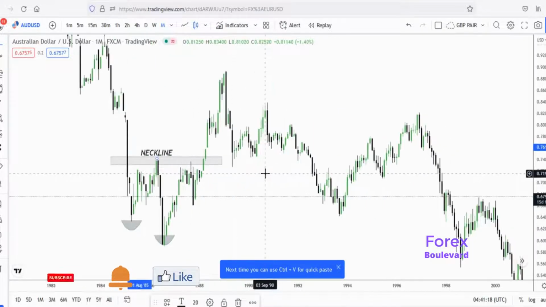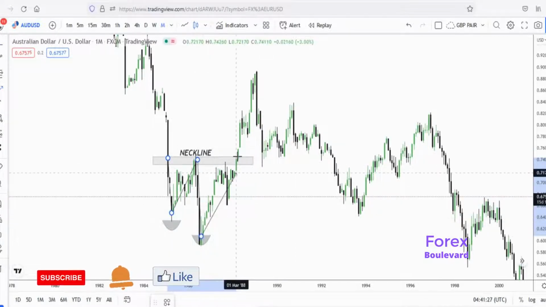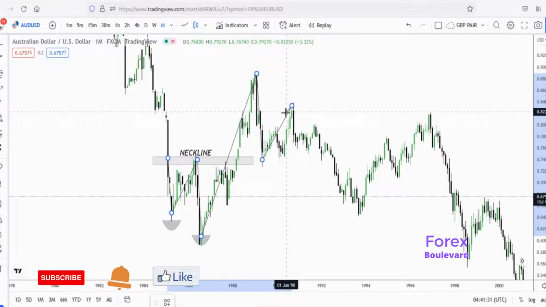So price came down, came up, and then we have a break, a retest, and then a push to the upside.